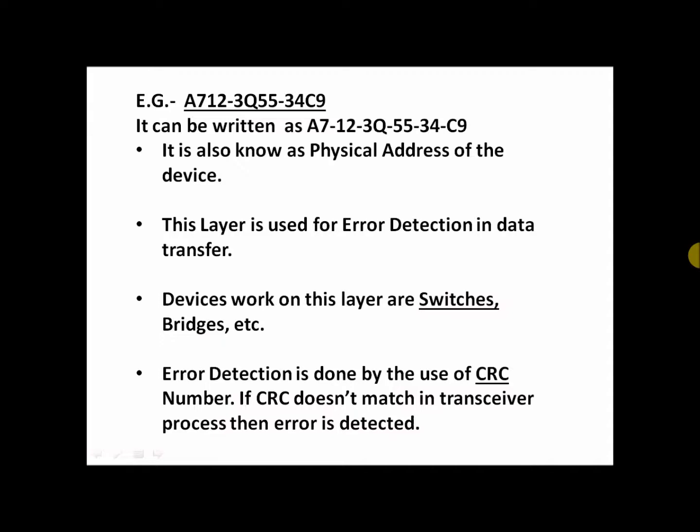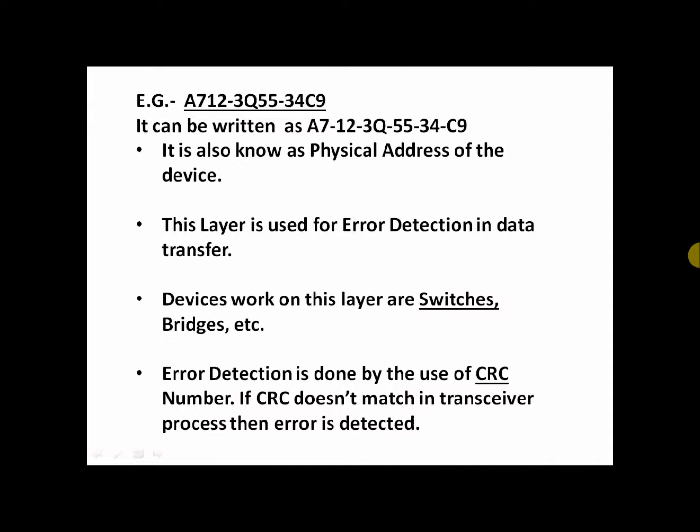Switches are the most important devices of this layer. Devices like bridges and switches are data link layer devices, and error detection is done by using CRC, as I told you earlier.